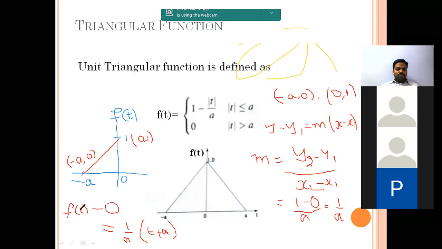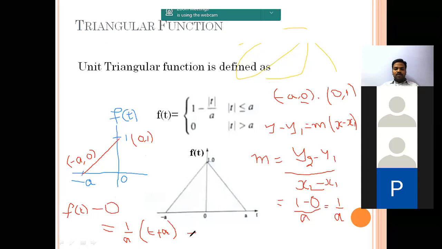So on the y axis I have taken f of t minus y1, where y1 is 0. So f of t minus 0 is equal to m, which is 1 by a, multiplied by x, where x is time t, plus a.